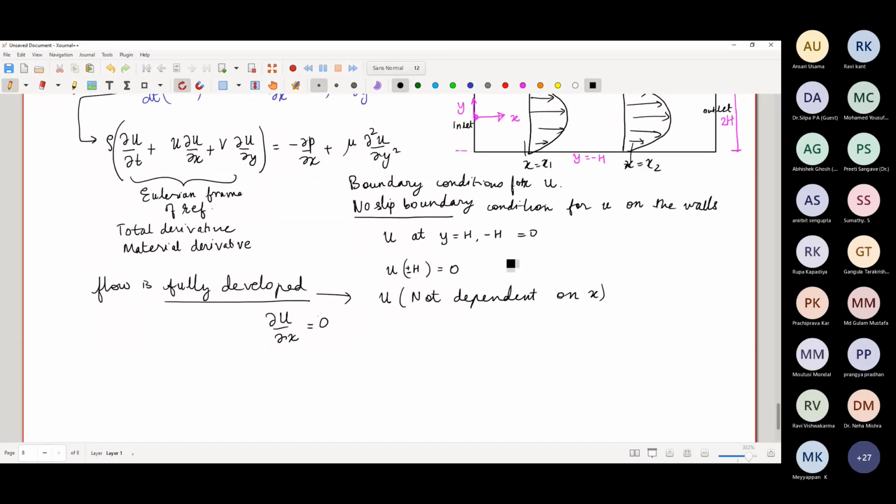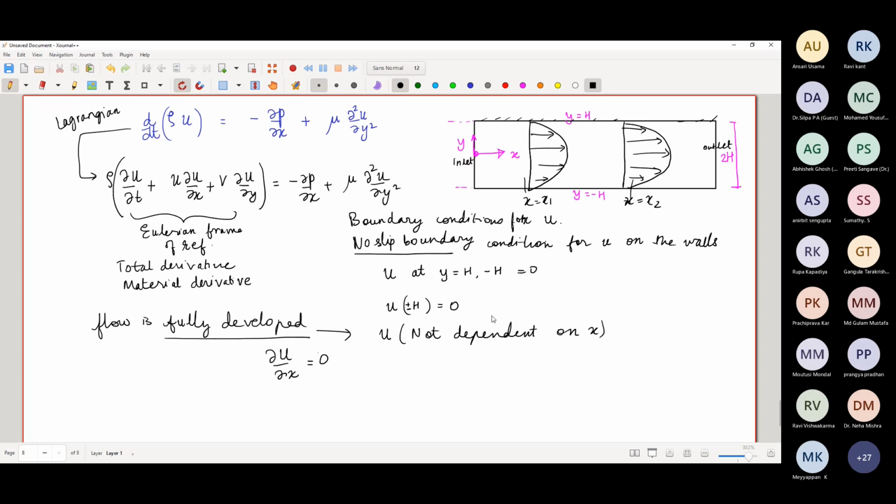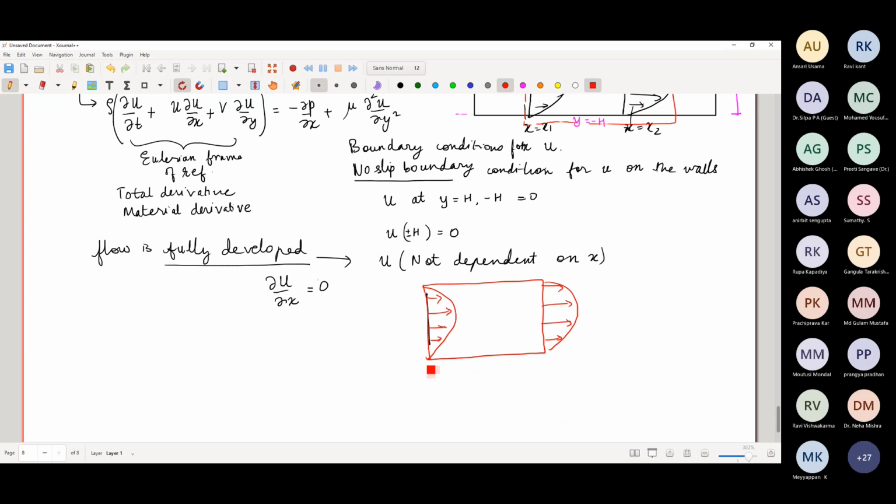Now, let us look at it from another direction. If we choose this imaginary surface as our control volume, what is happening? Some fluid is coming in, and some fluid is going out. These are at two different locations.